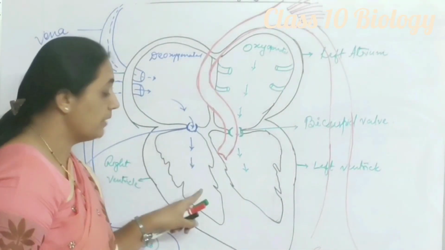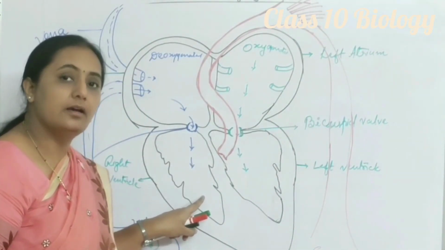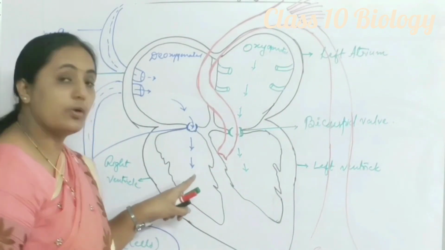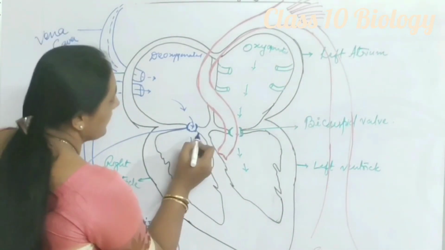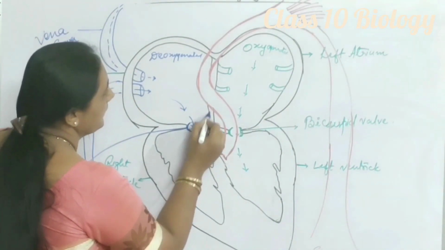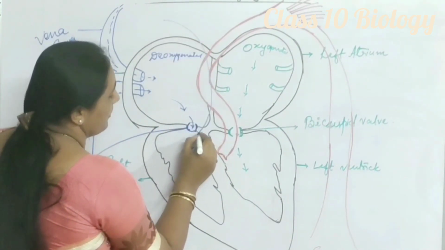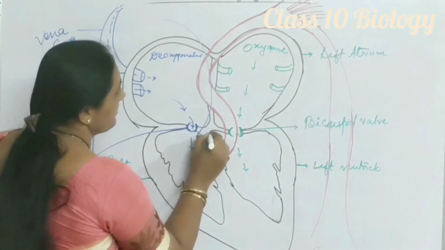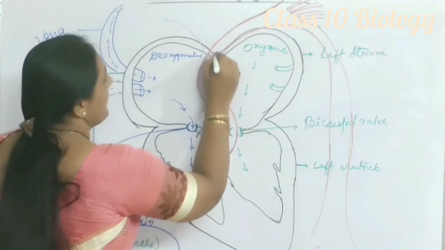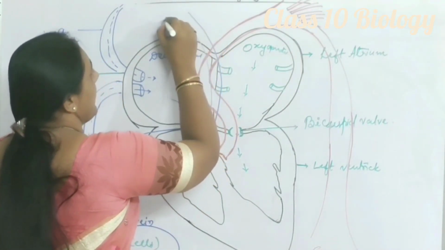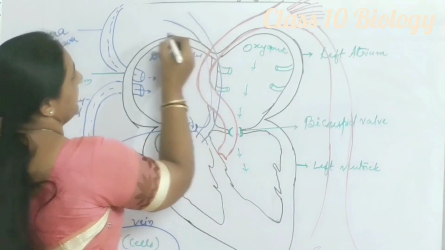Now deoxygenated blood comes into the right ventricle. From the right ventricle, one artery comes out, and this artery is called the pulmonary artery.